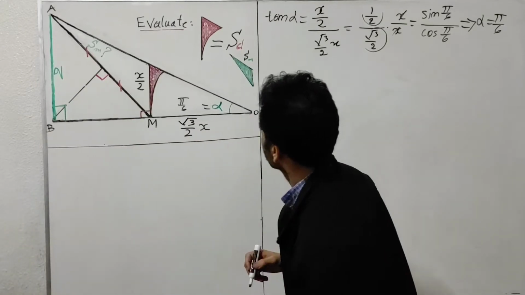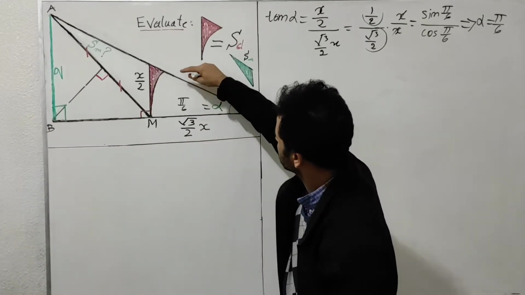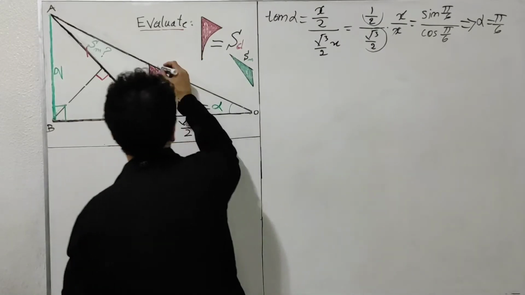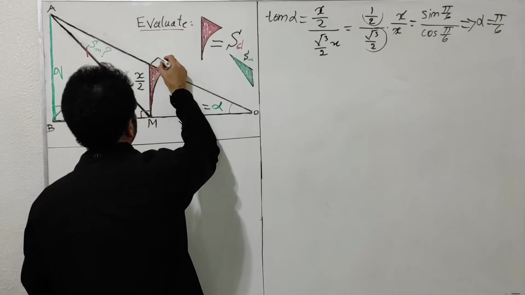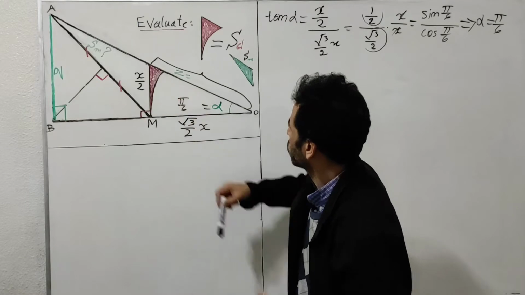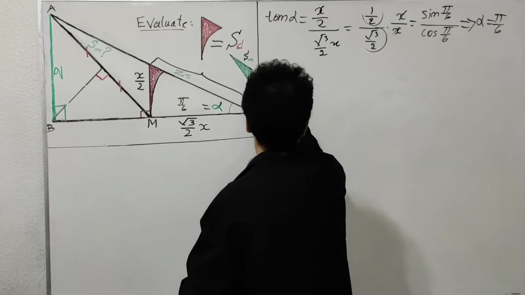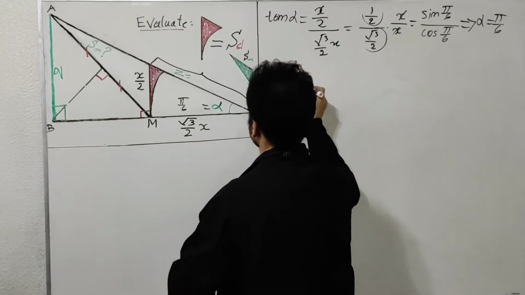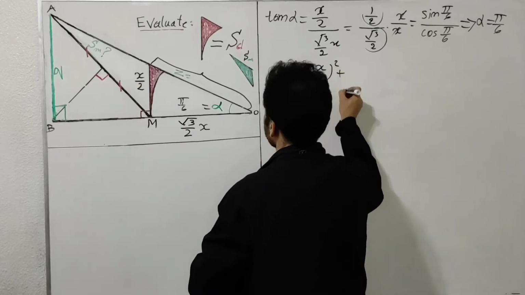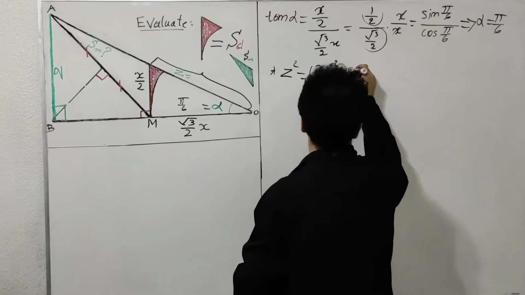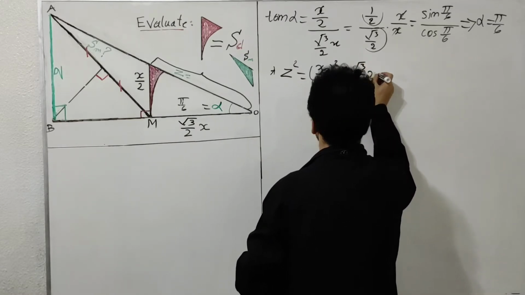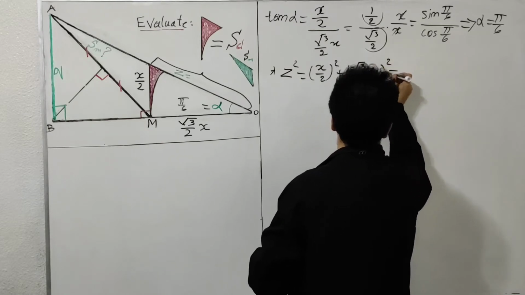The second thing that I'm going to do is calculate the distance. This distance is the hypotenuse of this triangle, let's call it z. I'm going to apply the Pythagorean theorem on this triangle because we have a right triangle. So I will have z squared equal to (x over 2) squared plus this distance squared, which is (square root of 3 over 2 x) squared.